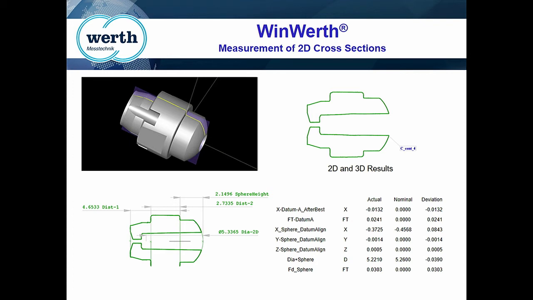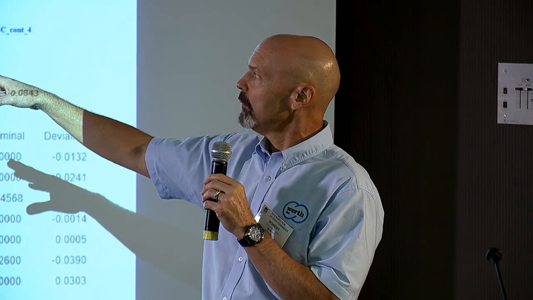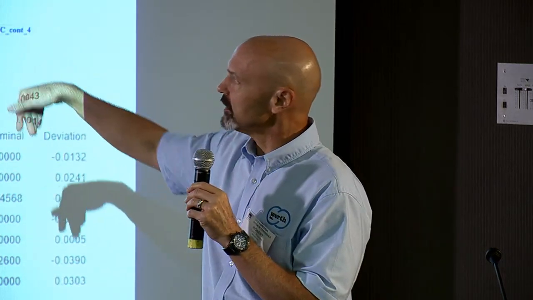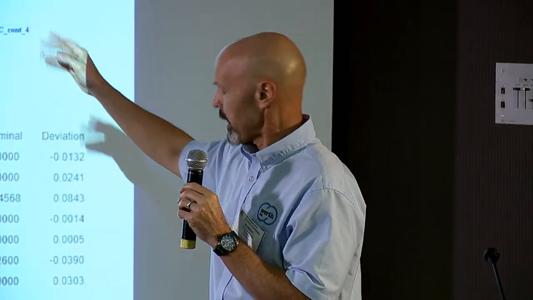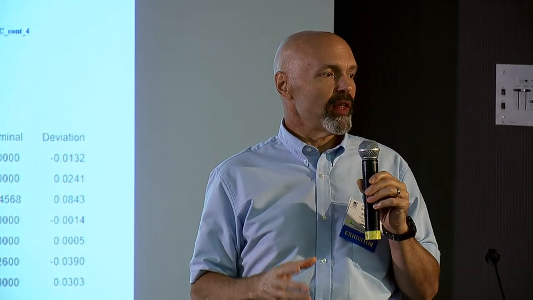You're not just looking at the outside of a part or the top, like you would on an optical system. You're able to actually go inside, and any place you want to take that STL, you can slice it. So you don't have to slice it straight down the middle. You can take any shape, any place you want, any feature that you want to see.